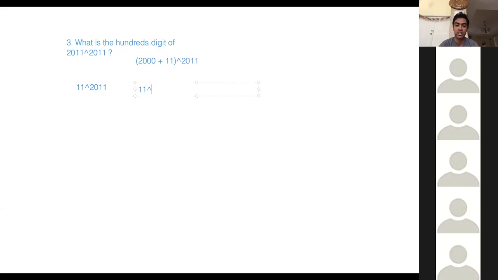We can't actually, so when I think about this, it's kind of like expanding with the binomial theorem. This is a plus b to the power 2011, and this is going to be a to the 2011 plus 2011 choose one, a to the 2010, b to the 1, and so on.